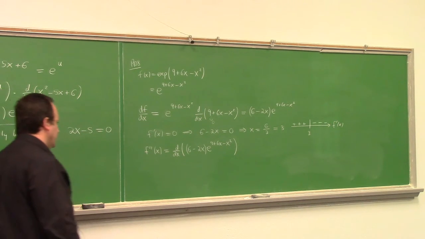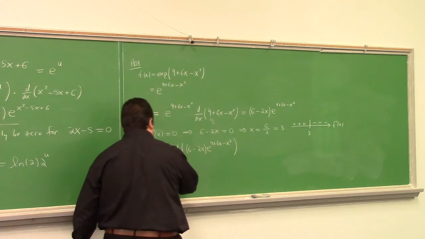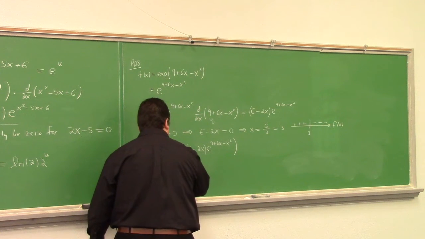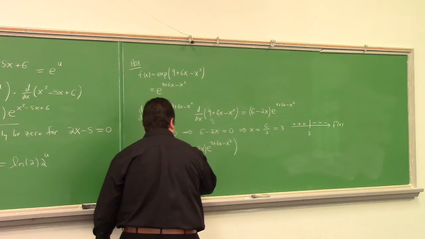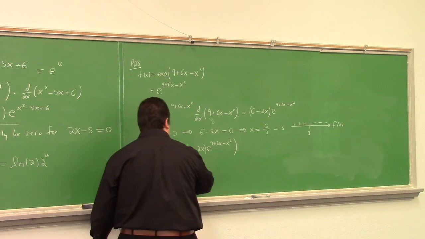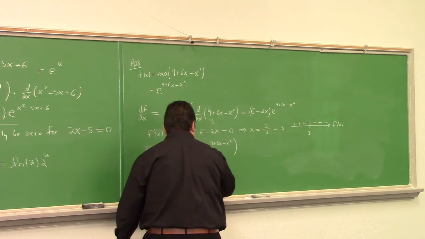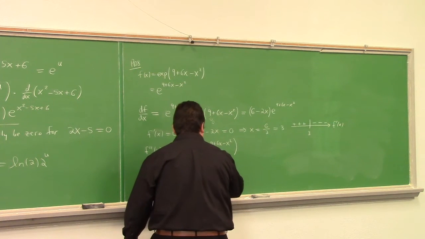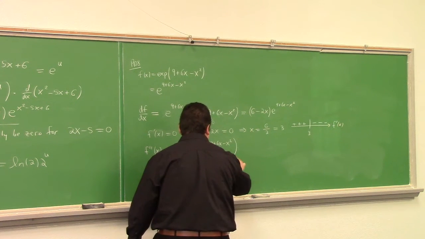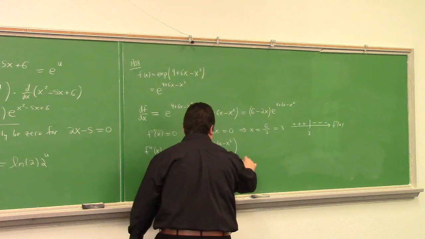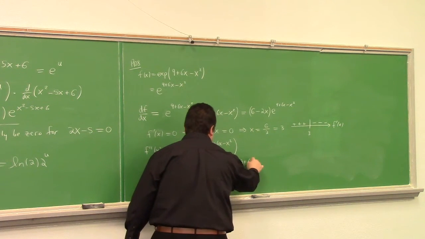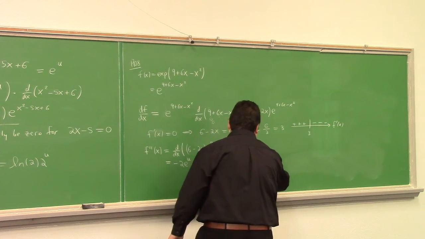So what goes on here? We got minus 2 times the exponential. I'm going to start using a u because I'm tired of writing that. Plus 6 minus 2x times e to the u times d dx of 9 plus 6x minus x squared.